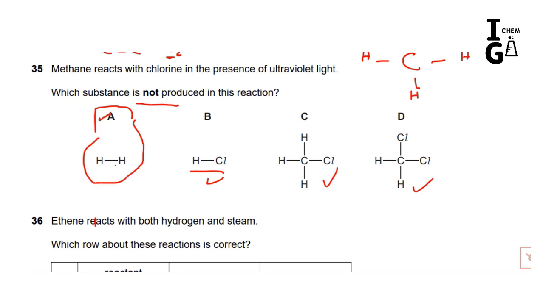Actually, guys, H bonded to H can't be produced in this reaction, because here we have carbon, Cl, and H. So we don't have H with H in this reaction. This is a substitution reaction. Substitution here means chlorine or halogen substitutes H attached to carbon. So you can have H with halogen or halogen with carbon, but we don't have H with H. This is completely wrong. Okay?